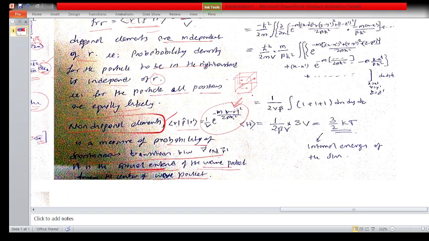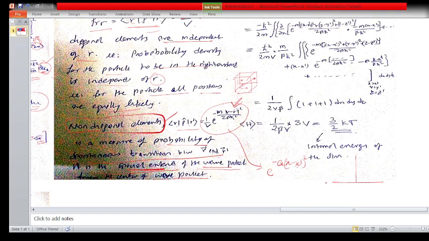If you consider this term, e raised to minus a times (x minus x dash) square, something like this, right? All the other terms, minus m by 2 beta h cross square, I have taken as a. So if you plot this particular graph, what will we get?